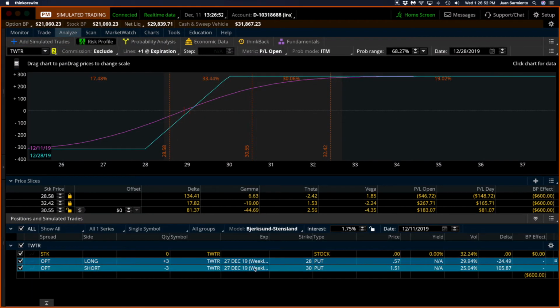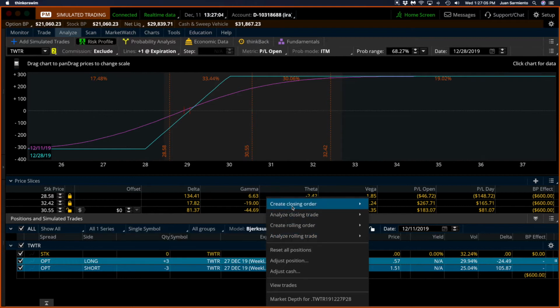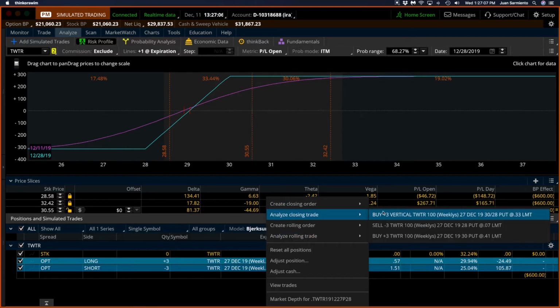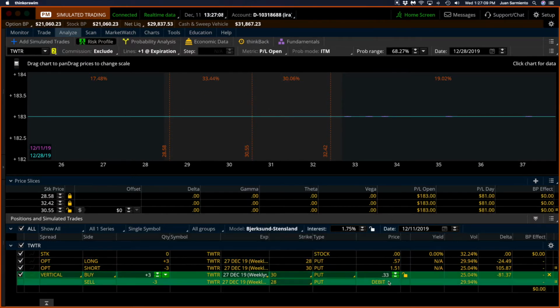Okay, so let's select. You can select both legs on the Analyze tab. This is where we are, Analyze, and then say Analyze Closing, and that creates the vertical close, and we will buy back the trade for 33 cents.